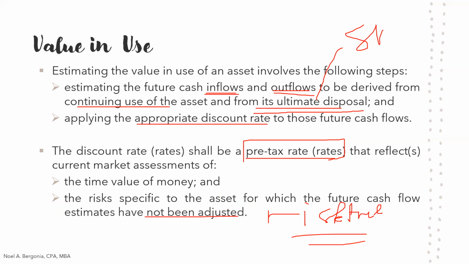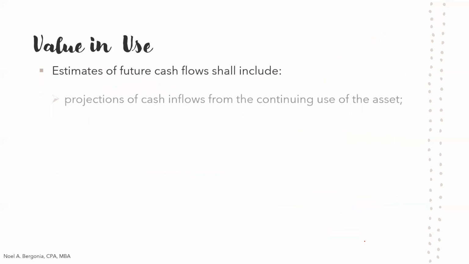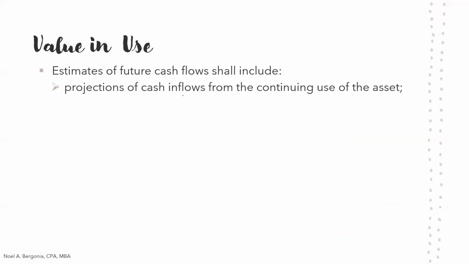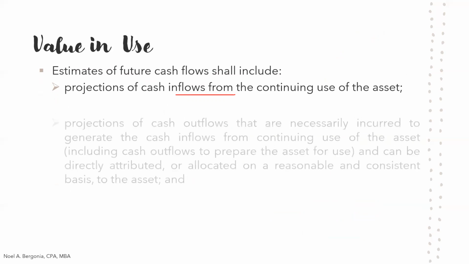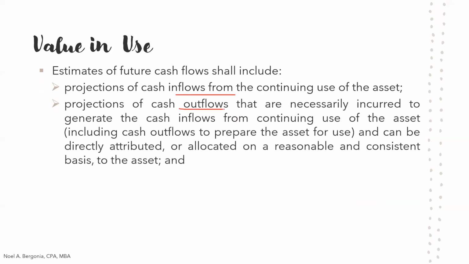So with regards naman po sa cash inflows and outflows na ating kokompyuta ng present value, the estimates shall include the following: the projection of inflows from continuing use, the projection of outflows that we are expecting to pay and are necessary to be incurred to generate the inflows.